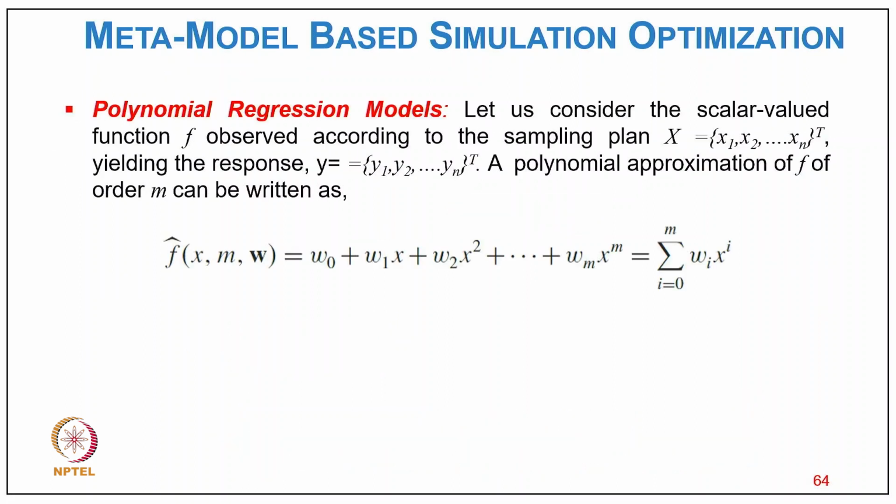Now coming to the polynomial regression model, let's consider the scalar valued function f observed according to the sampling plan x equal to x1, x2, up to xn, yielding the response y equal to y1, y2, up to yn, and a polynomial approximation of order m can be written as f as a function of x and w equal to w0 plus w1x plus w2x squared up to wm x power m, or equal to the summation over i of wi x power i.